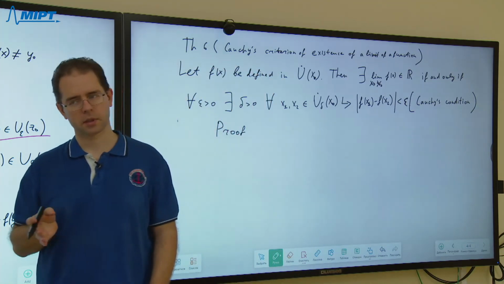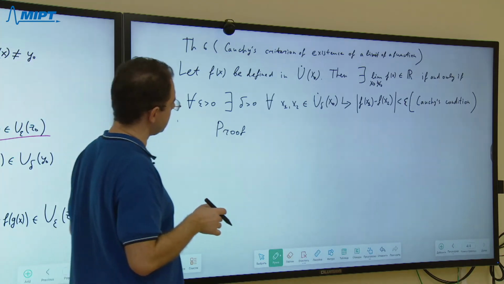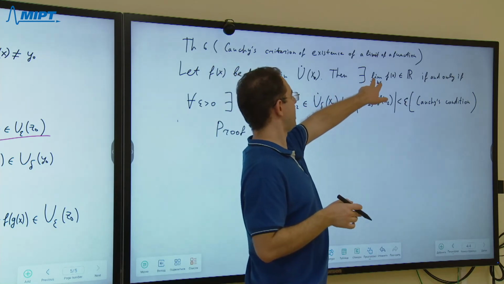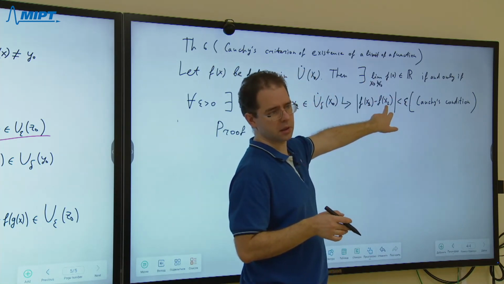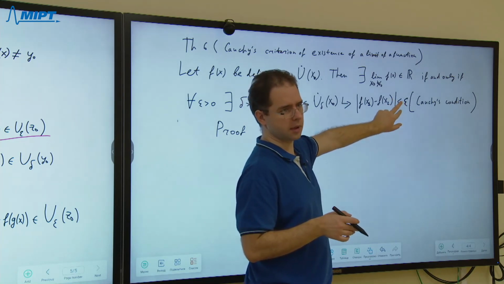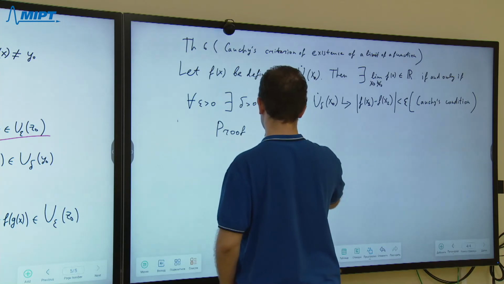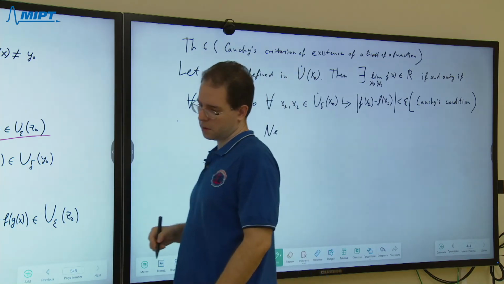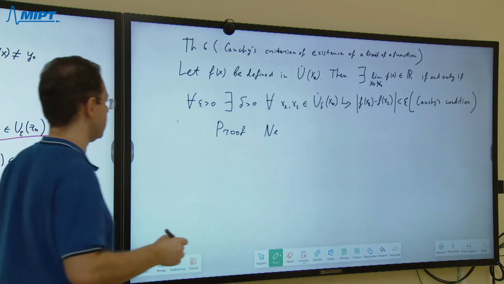I need to prove it two ways. Necessity is if there exists this limit, then this Cauchy's condition holds, and sufficiency is the other way around. Necessity.